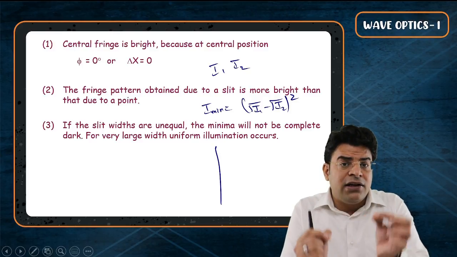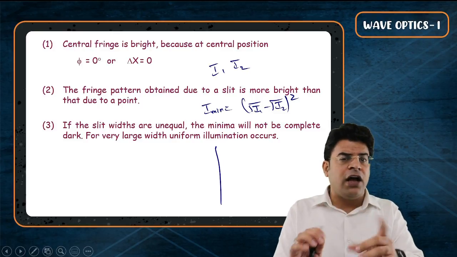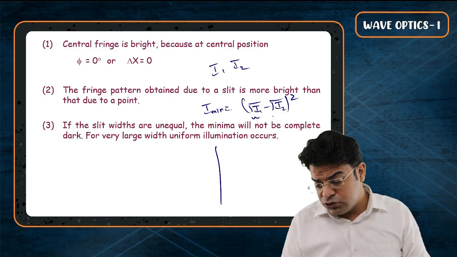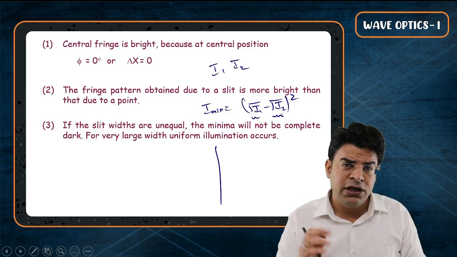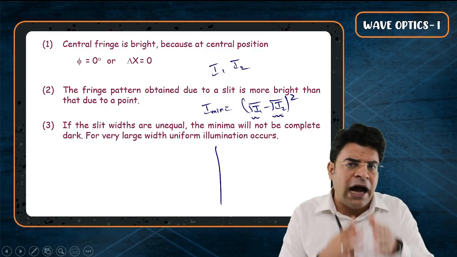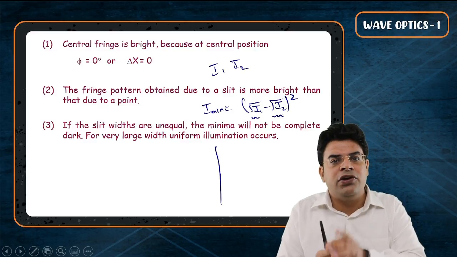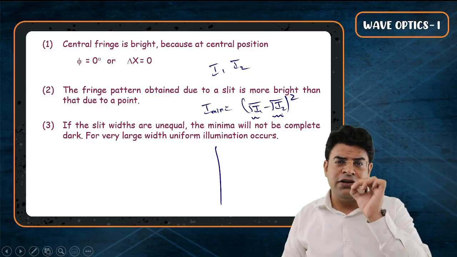You will get the resultant intensity to be 0, pitch dark, perfect dark, only when both the sources have the same intensity at the point of interference. If they have different intensity, no matter which one is bigger, I1 or I2, you are going to get some light at that point of perfectly destructive interference.